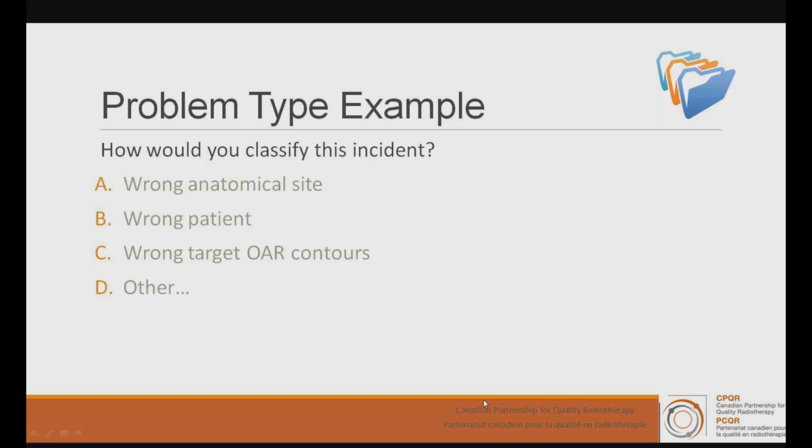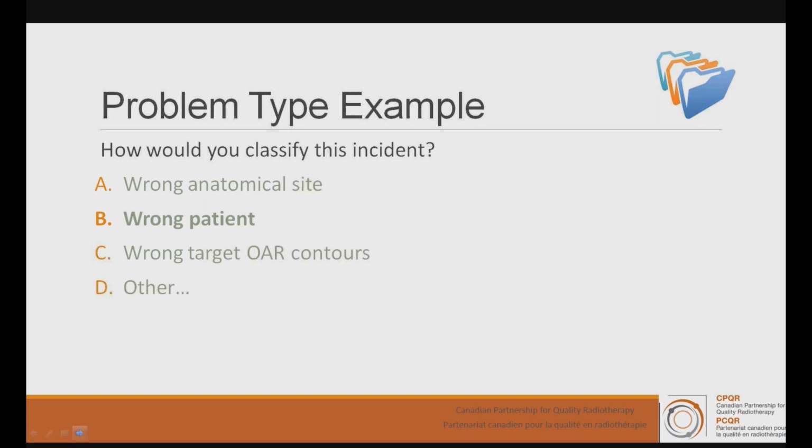So for this patient, when we look back at the case, the incorrect beam from a previous patient was actually used to treat this patient. The incorrect treatment beam, a PA lung field from another patient, was used to treat that patient. So in this case, it would be wrong patient.